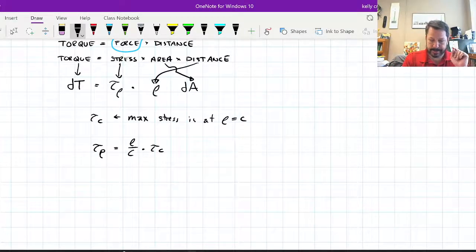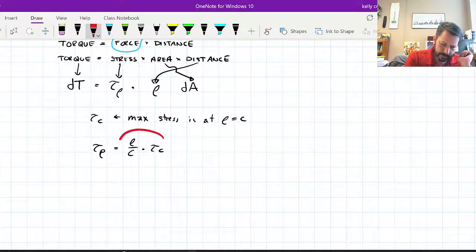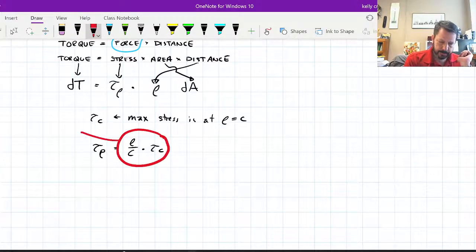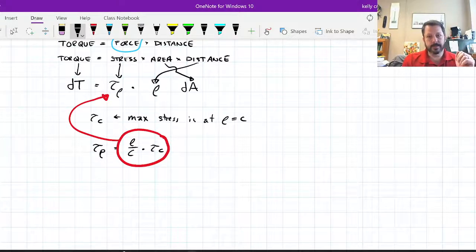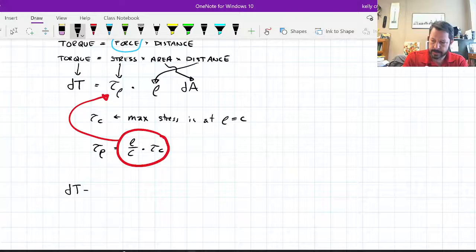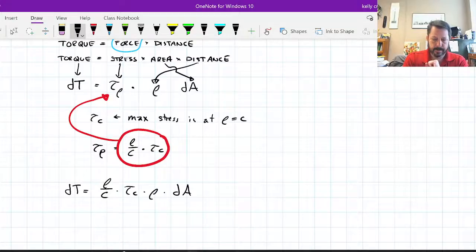Okay, so taking that idea, I can plug this in there, because they both equal tau at some random point rho. So my equation says dT equals rho over C times that maximum stress on the surface times rho dA.